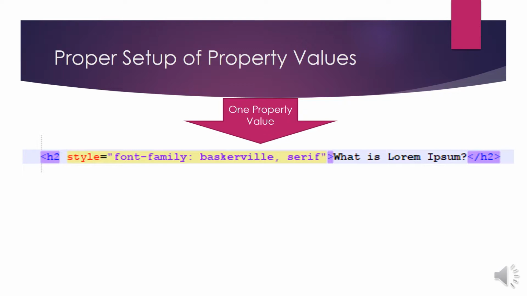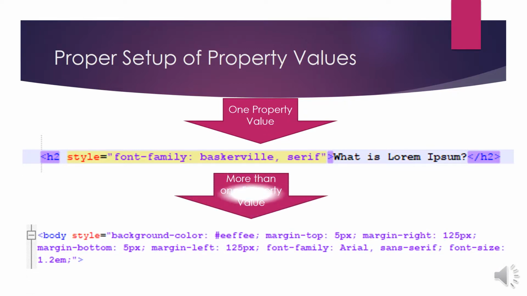Yes. The reason is if the particular computer that opens up a web page does not have Bakersfield, it will then look for the next serif text. So this is one property value. Notice that you don't need to end this property value with a semicolon because there's only one property value.